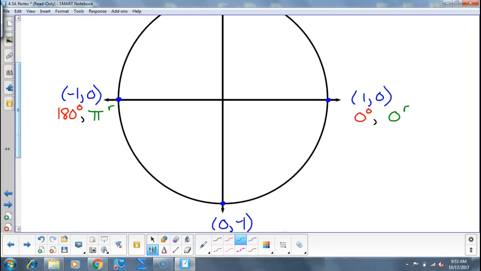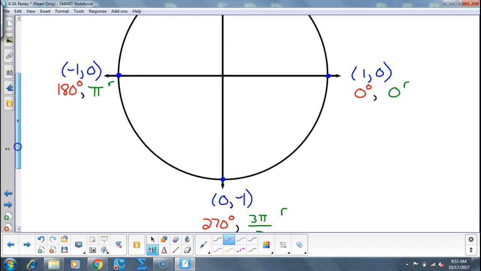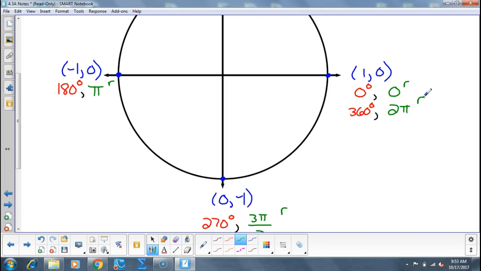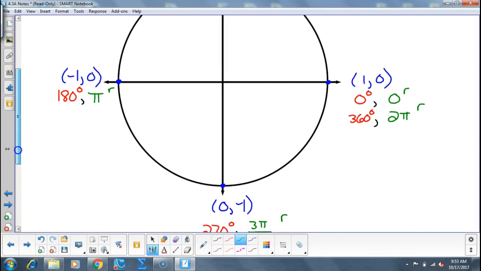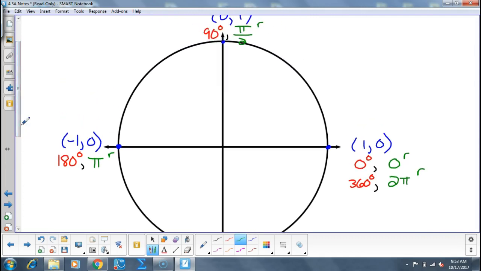Now, if we went another 90 degrees, this is also 360 degrees, or 2 pi radians. So that's 4 of our 16 points.